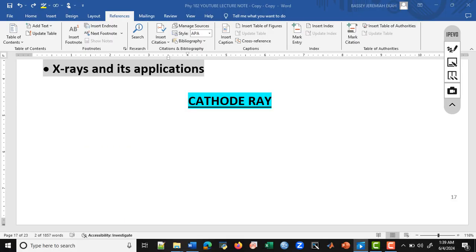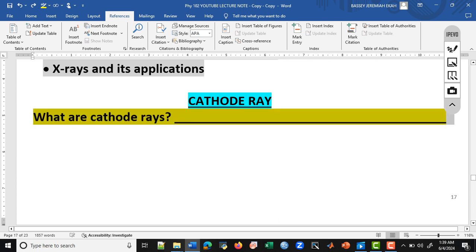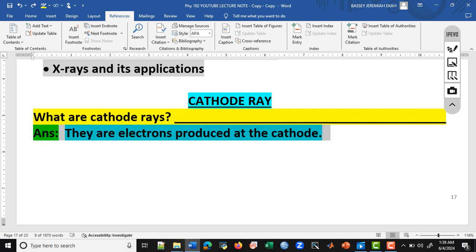So the first question now is, what are cathode rays? Cathode rays are electrons produced at the cathode of a discharge tube.